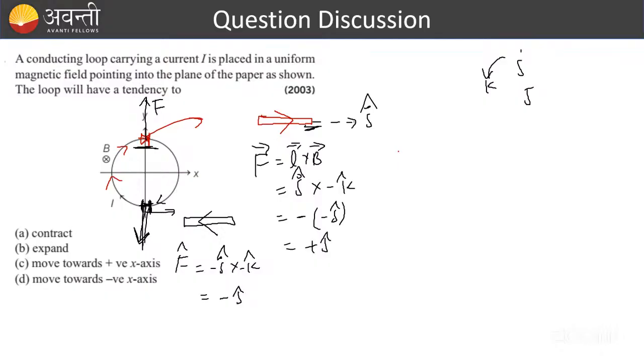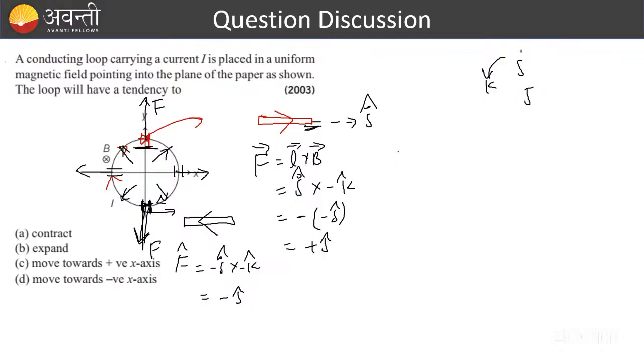Okay. Similarly, you calculate force on this small portion, you will get force acting in this direction. You calculate force direction on this, you will get force acting in this direction. Overall, it will look like for this portion, force will act in this sense, here this sense. So overall, you will feel like force is expanding. Force is acting outward.